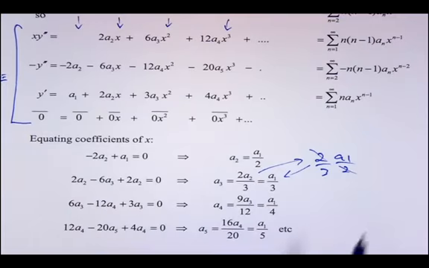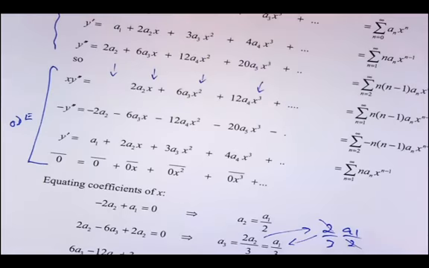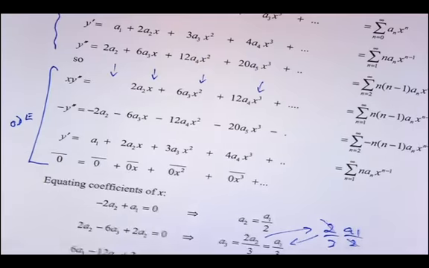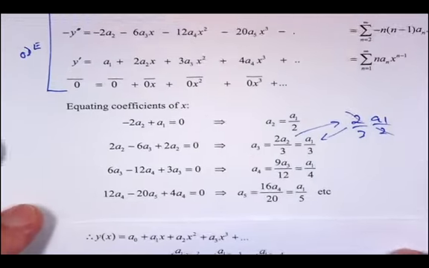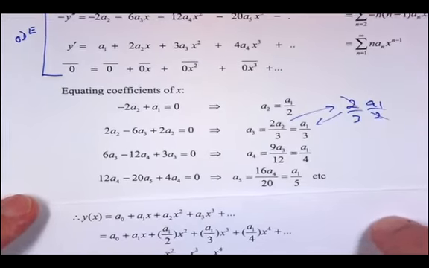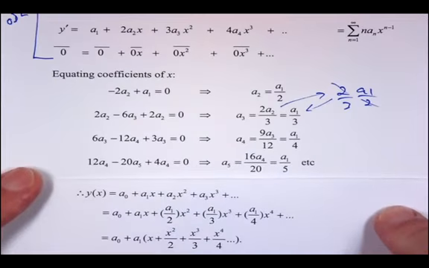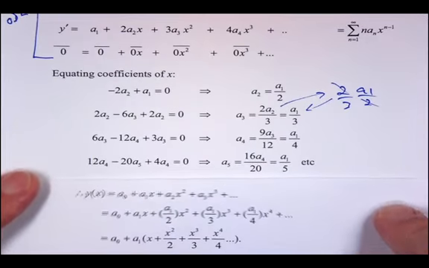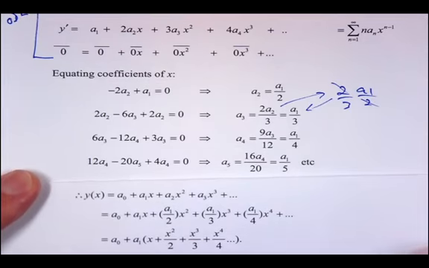And so substituting those in, term by term, still gives me 2 arbitrary coefficients.